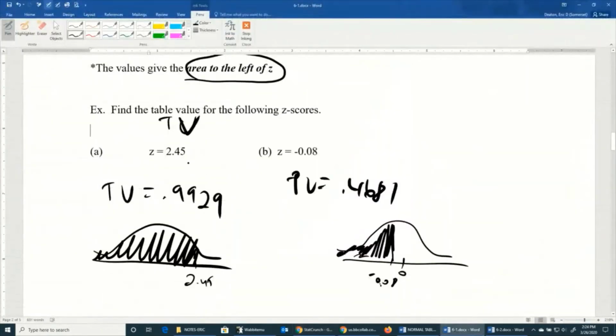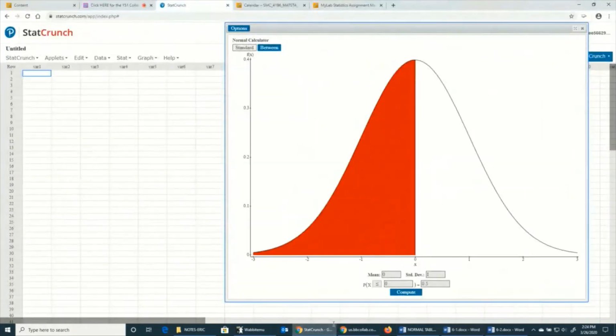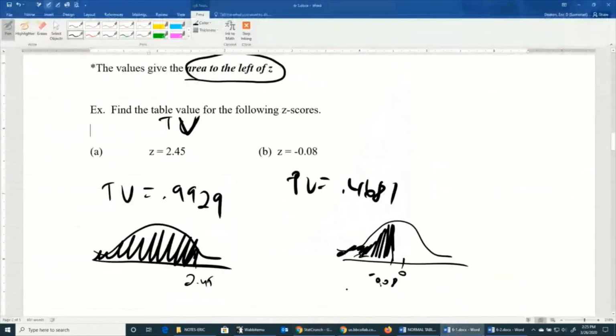Let's look at 2.45. Now remember, the table value is for less than 2.45. So let's go into StatCrunch, and we want the area. Because we want the area left, notice the mean and standard deviation are 0 and 1. We're looking at the z-score, so don't change those. We want less than 2.45 because when you're looking for the table value of 2.45, table values always give you the area to the left.